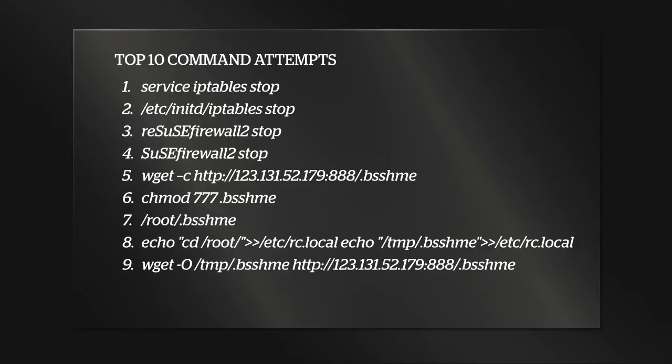So those were their exploit tools, and obviously there was one set of them, the BSSH ME tool, that was the most popular one they were trying to download and execute. Now, I noticed these numbers are significantly smaller. So this is the subset that basically guessed your password, got in, and started doing things.